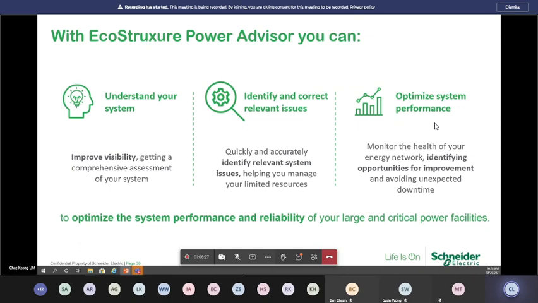Having said that, in Schneider Electric, because we have been in healthcare for the last 30 to 40 years, we have accumulated a lot of experience to answer that we really need something we call analytics, to study the actual operation and come up with proper statistics to at least give a reference point of how well we are doing.